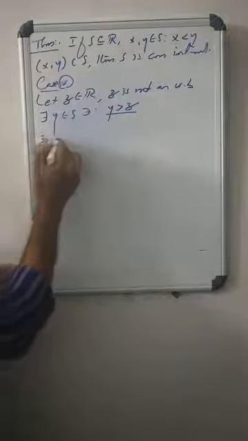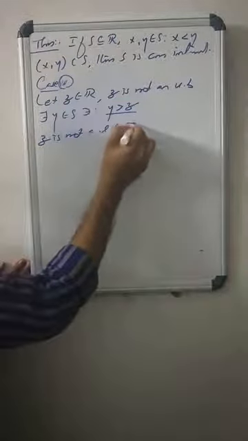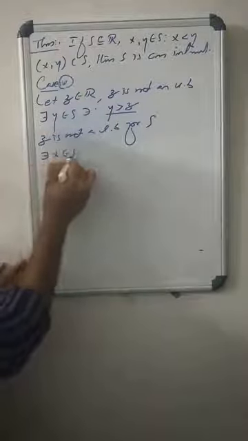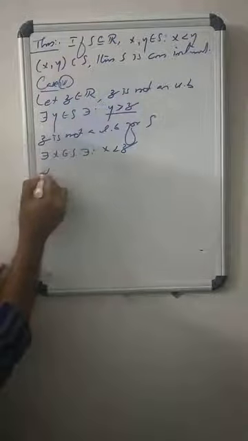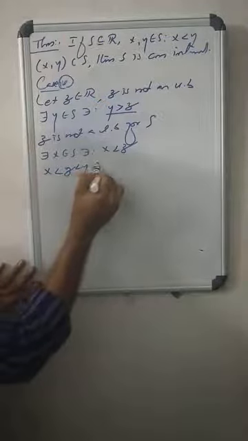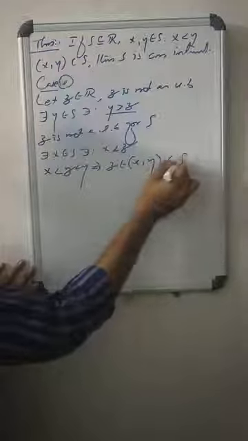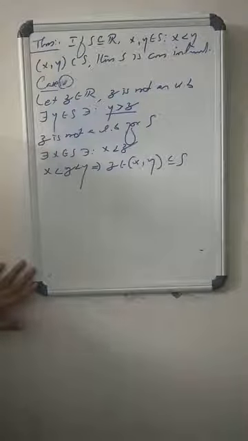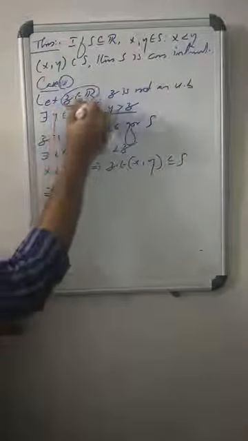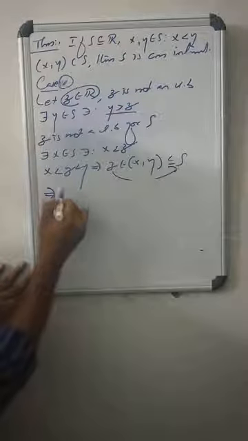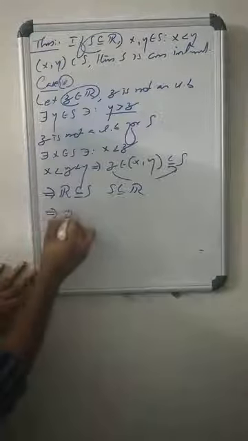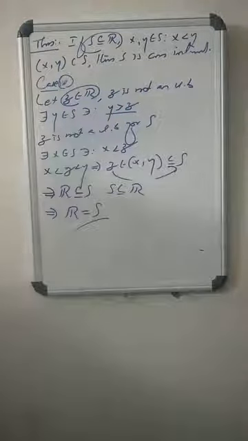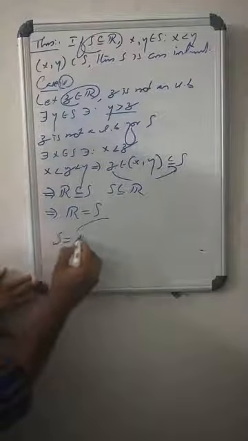Again, z is not a lower bound for S, which means there exists some x in S such that x is less than z. So x less than z less than y means z is in the open interval (x, y), which is given to be a part of S. So z is in R and z is in S, hence R is a part of S. But we know that S is a part of R, so R equals S. What is R?